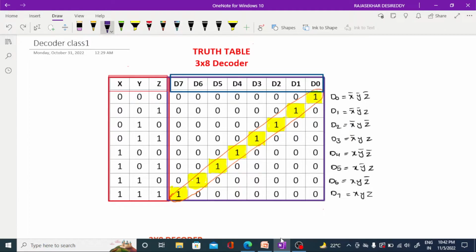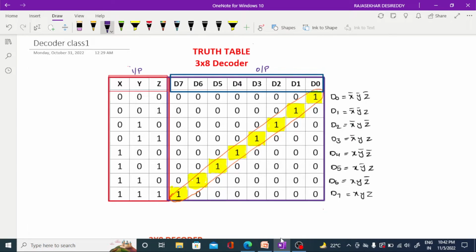Here x, y, z are the inputs. For the outputs, you can consider D7 to D0 or D0 to D7 also. I am considering D7 to D0 in this order, to match our encoder and decoder.